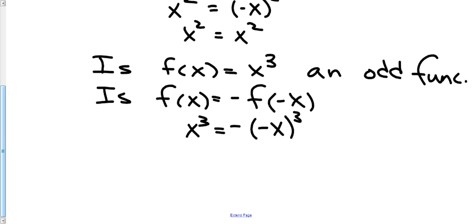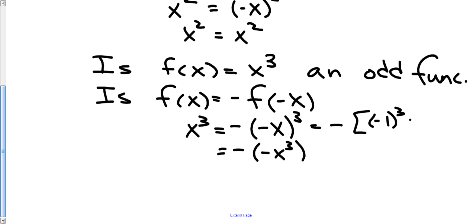Yes. So this is negative x cubed. I can move that in, right? Because this equals negative, I'm going to put this in there, negative 1 cubed times x cubed. Negative 1 cubed is negative 1, right?